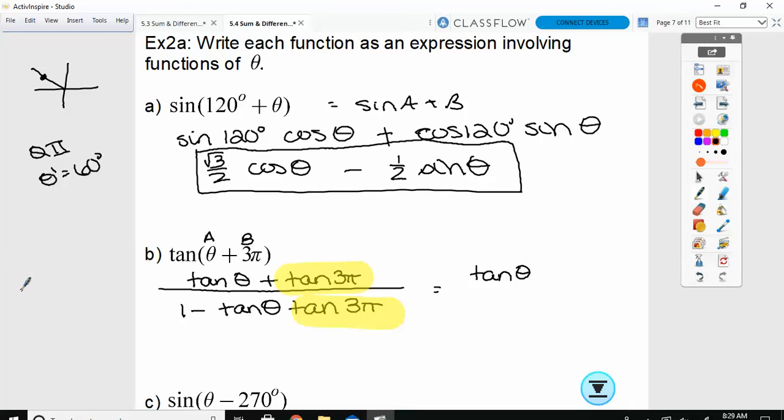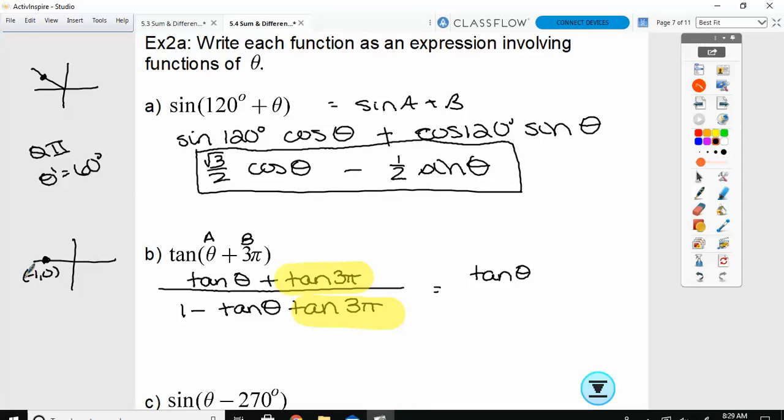3 pi is the same as what? Okay. Anything bigger than, if it's in degrees, if it's bigger than 360, we subtract 360, right? In radians, all the way around the circle is 2 pi. So 3 pi minus 2 pi is pi. So we're right here. That is the point -1, 0 on our unit circle.